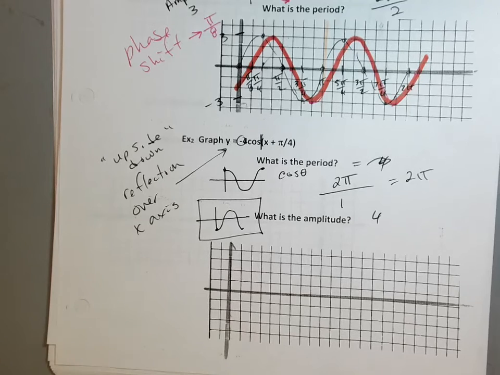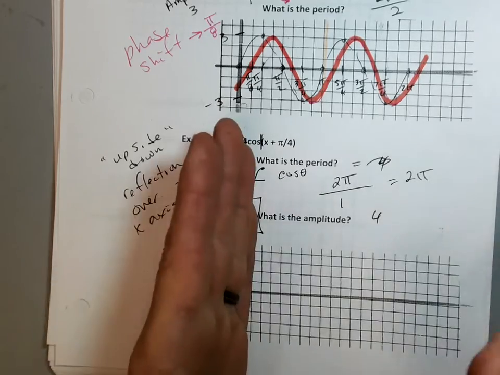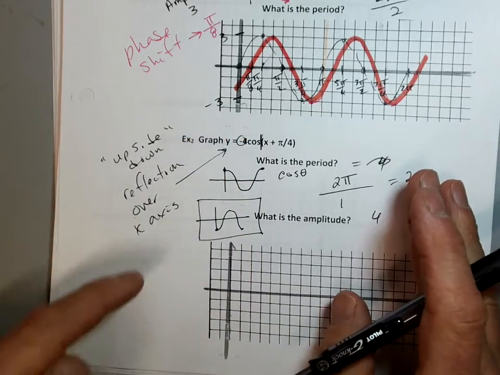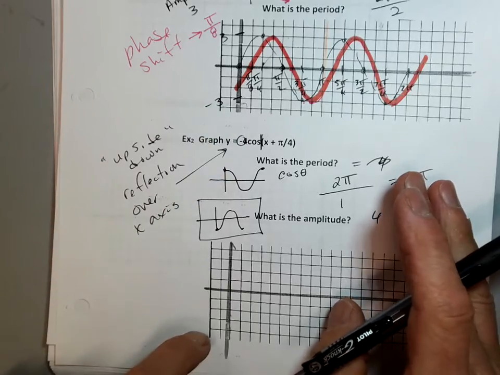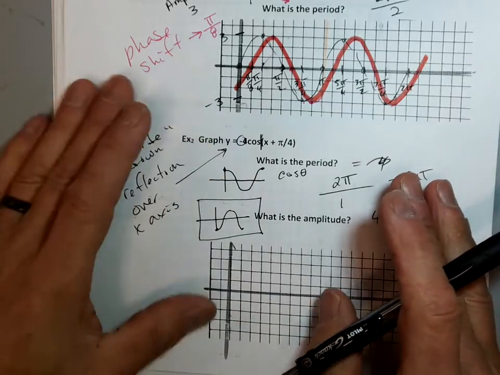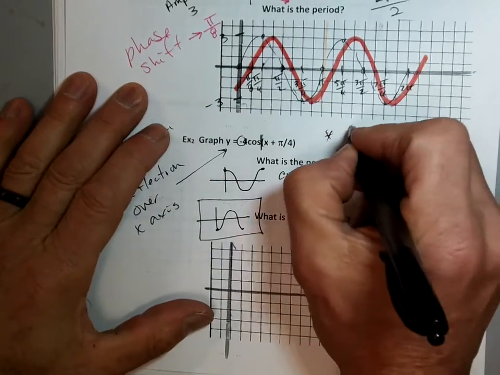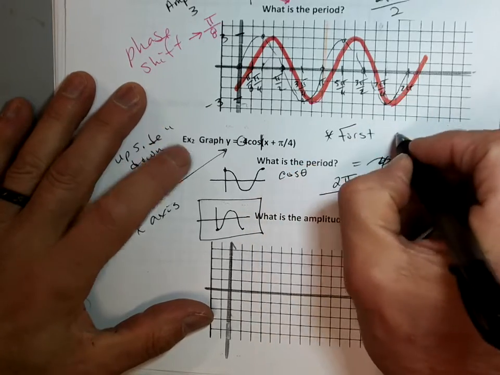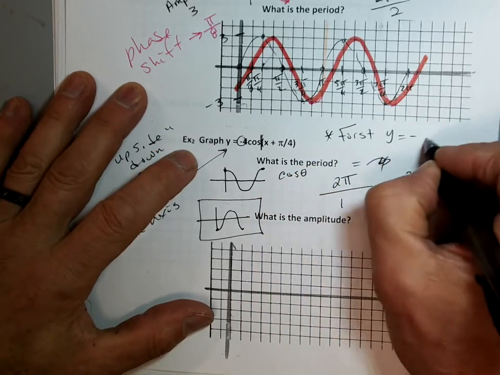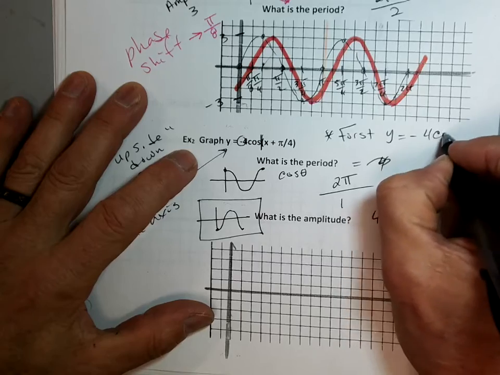So I made it upside down because it's negative, okay? I want that shape between 0 and 2 pi at a height of 4 and down to -4. And then after we graph that, we're going to move it. So I'm going to graph first y equals -4 cosine of x.